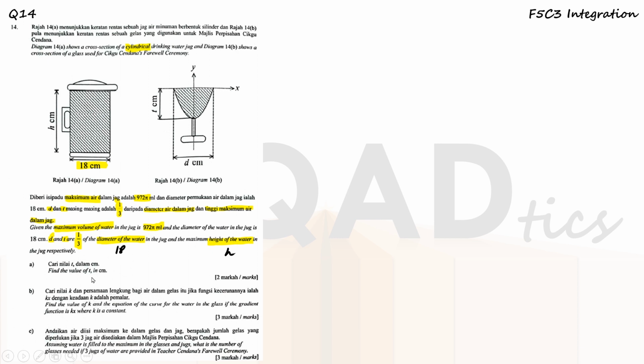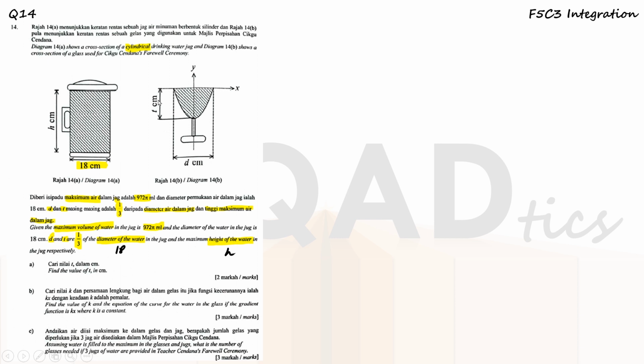Now let's go to part A. We need to find the value of T. T depends on H, correct? Because we multiply 1 over 3 with H to get T. So we need to find the height of this jug. One piece of information they've given us is the maximum volume of water is 972 pi, and this jug is a cylinder.